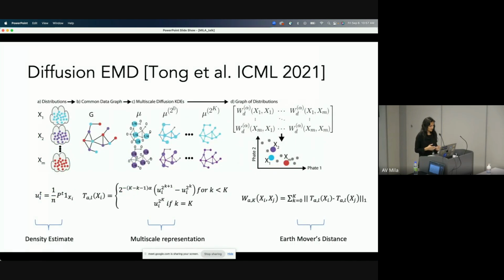In a previous work, also by Alex, diffusion EMD, we showed that if you have a multi-scale diffusion-based density estimation of any signal on a graph, this is very related to the Earth mover's distance, just by taking a one norm of the difference between these densities. So it's very easy to compute the Earth mover's distance in this particular space.